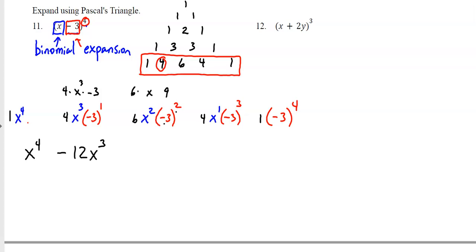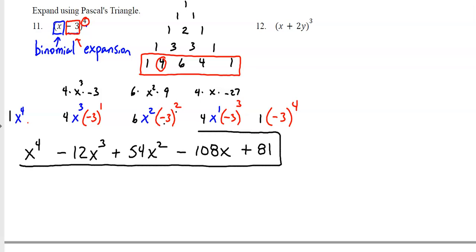And then I got to multiply, so that's 54x squared. Negative 3 times negative 3 times negative 3 is a negative 27 times 4 times x. So that's minus 108x. And then negative 3 times itself 4 times is a positive 81. So there is your final answer.